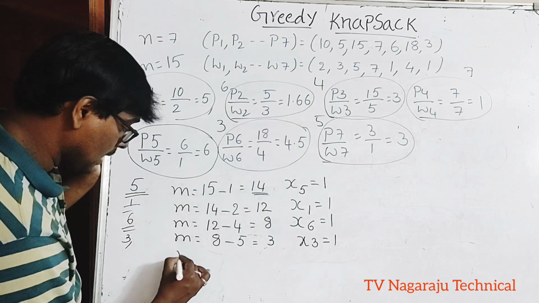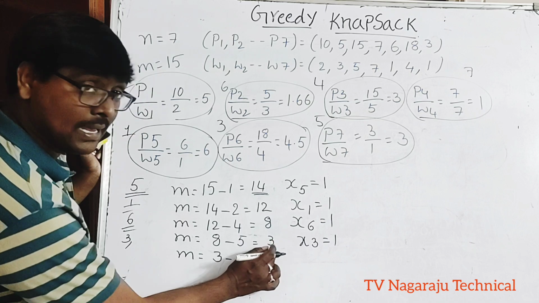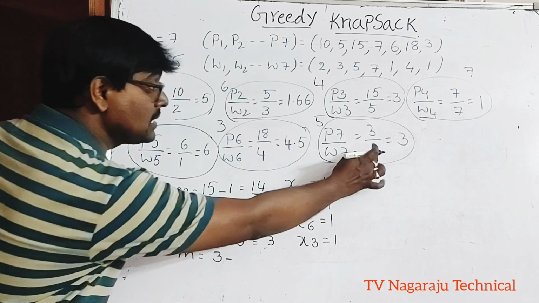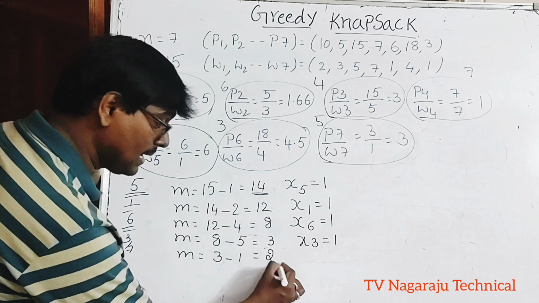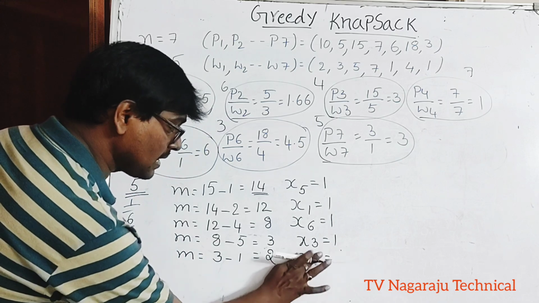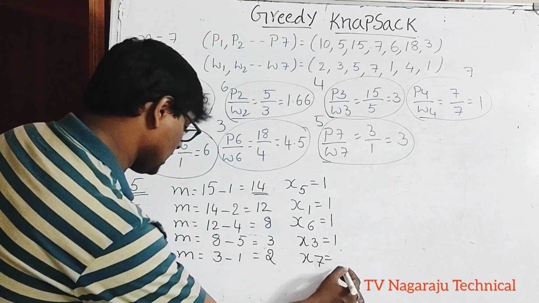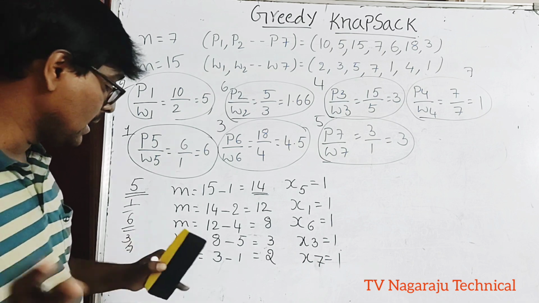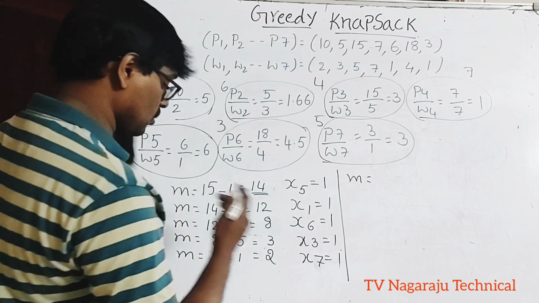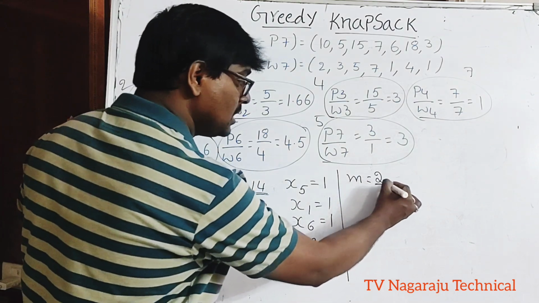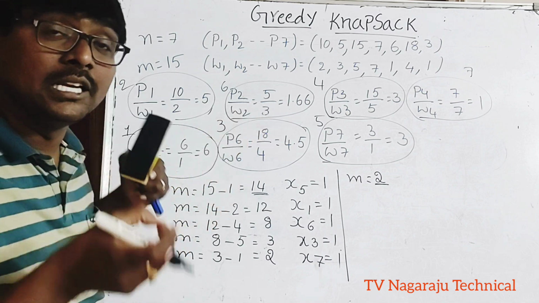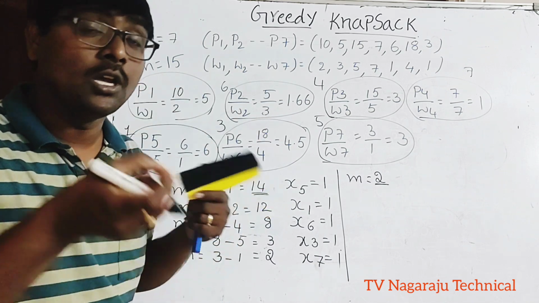Next, the seventh one. M is equal to the remaining capacity 3 minus the weight of the seventh object. What is the weight of the seventh object? 1. The remaining capacity is 2. So x7 is also placed successfully. Clear? Now the second one. My knapsack capacity is 2 only, but my object weight is 3. Is it possible to insert the complete object? No. Why?